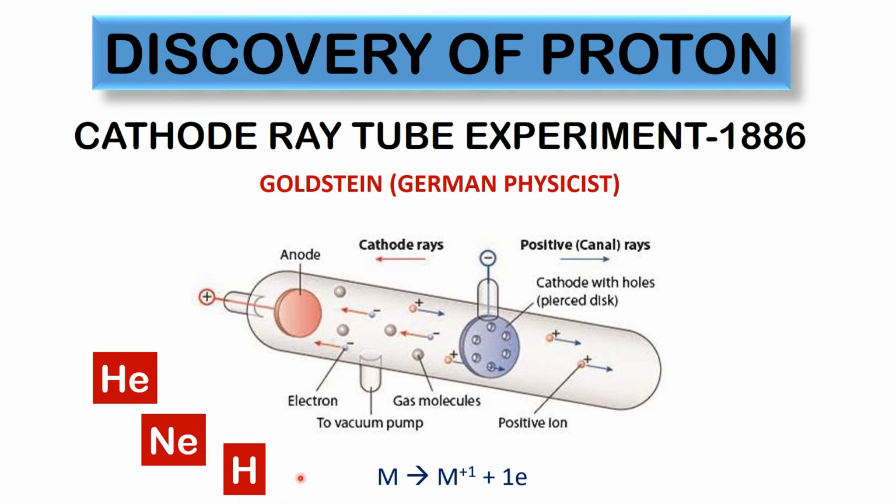The name proton was later coined by Rutherford because when you use hydrogen as the gas inside this discharge tube, the hydrogen atom has a nucleus having only a single proton, and it does not have any neutron, and it also has a single electron revolving around the nucleus.